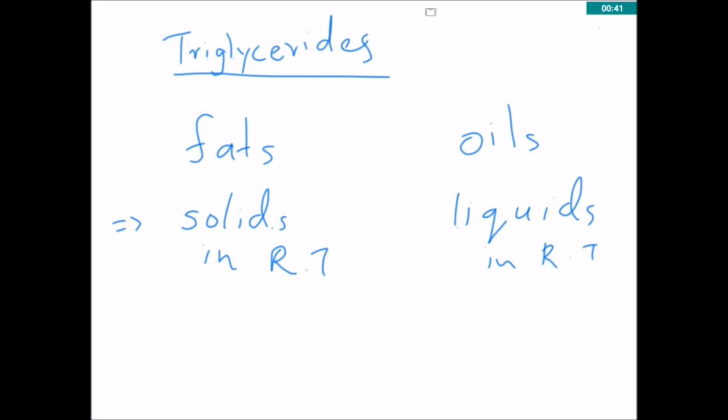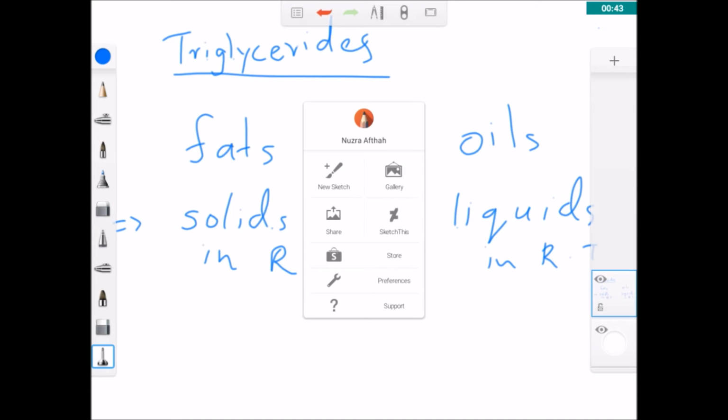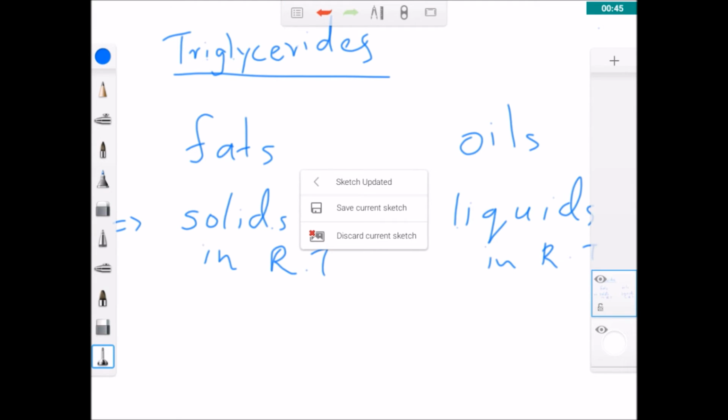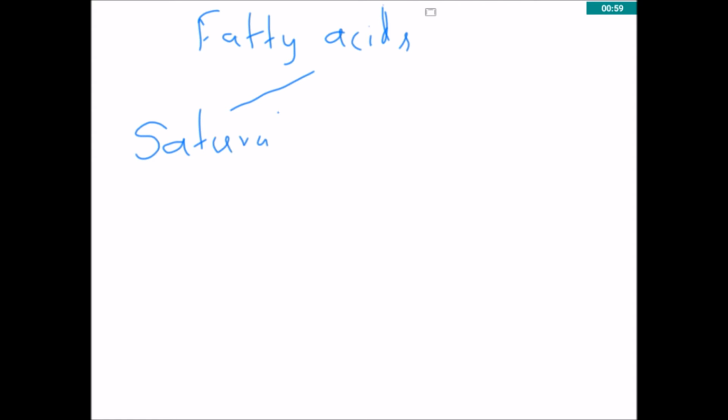Okay, so now let's see a bit of detail about fatty acids. There are two types: one is called saturated, and the other one is unsaturated.